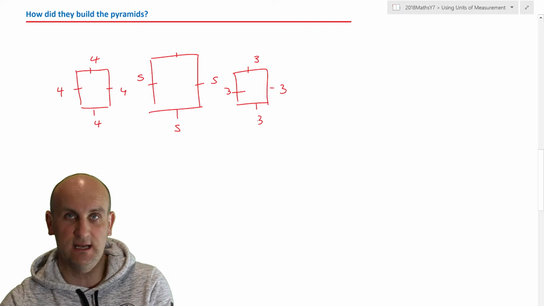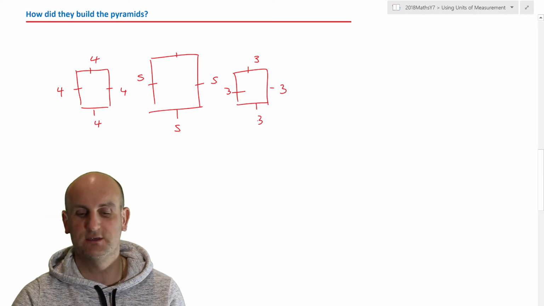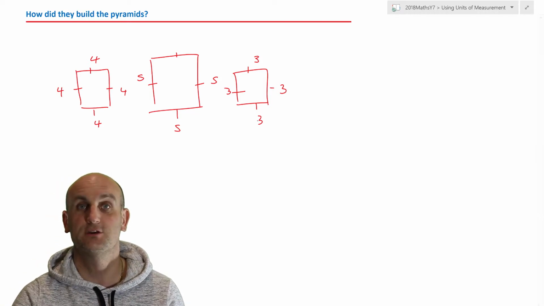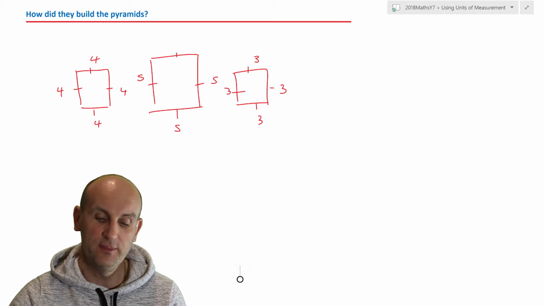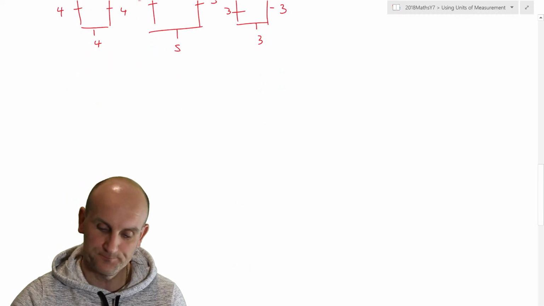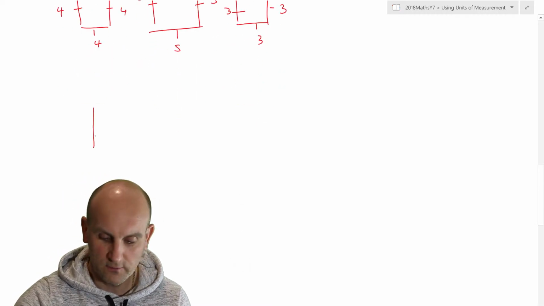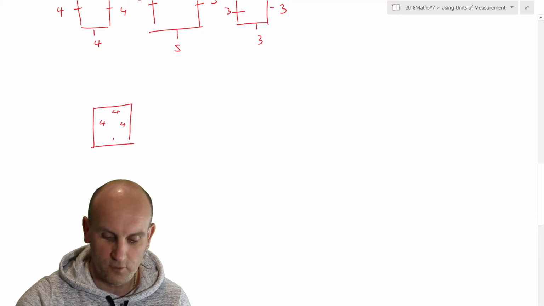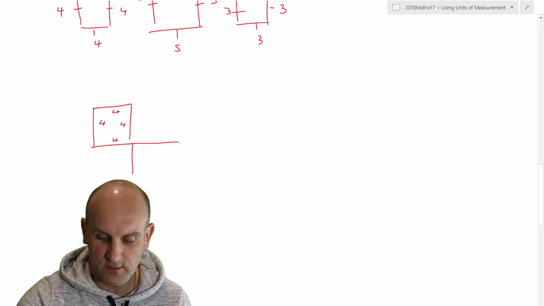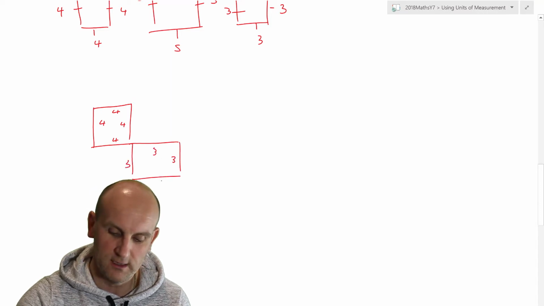Now, interestingly, if you take those 3 squares and join them together in a particular way, this is what you actually end up with. There is one square, so I'm going to say that's my 4 by 4 by 4 by 4. Here is another square here. Now, I'm not drawing these to scale, by the way. 3, 3, 3, and 3.